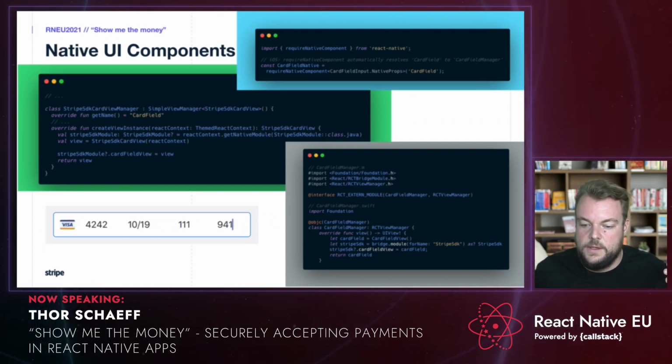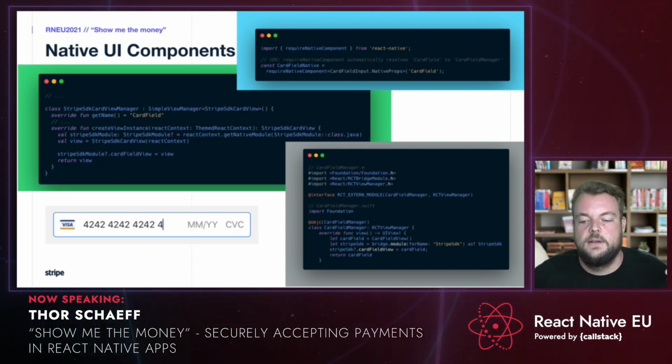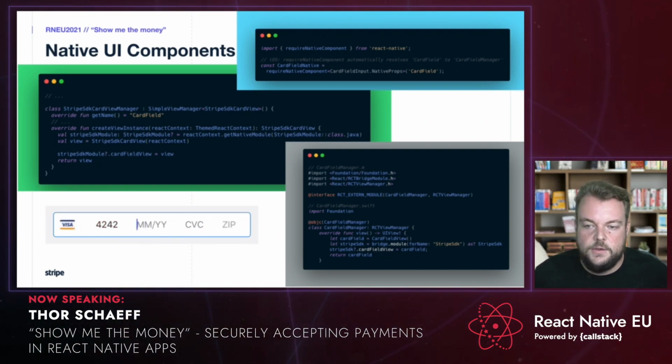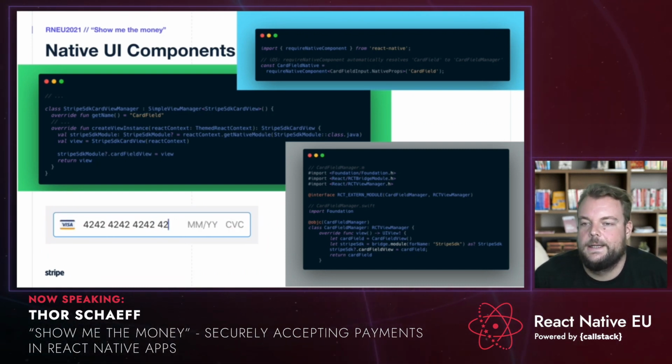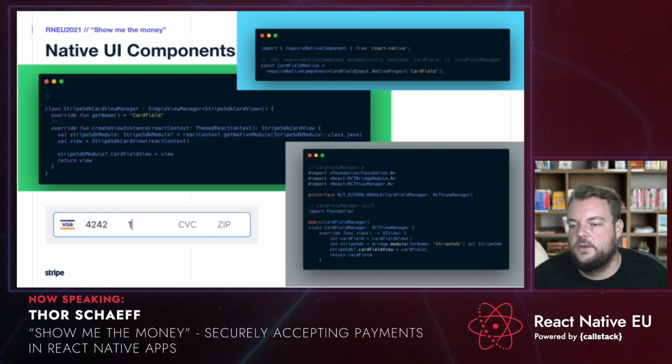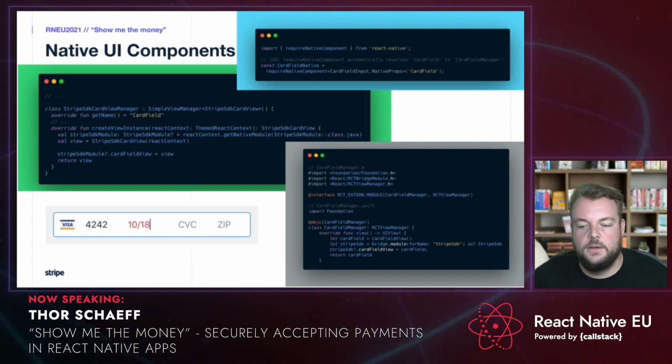Now, the interesting thing with this is actually the native components handle all the card information, and we don't actually expose the card information to the JavaScript bridge. So all of that is handled on the native side. We're really just storing a reference to our native UI components, and then we are extracting the card information at that point, and it goes directly from native component to the Stripe API.